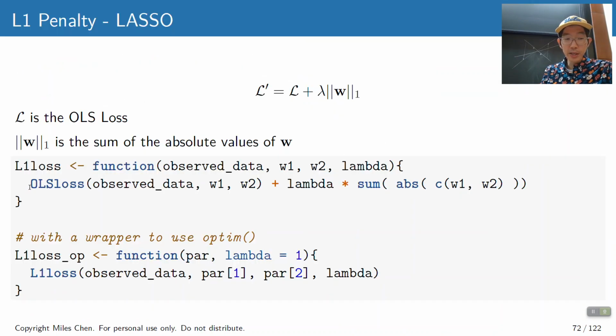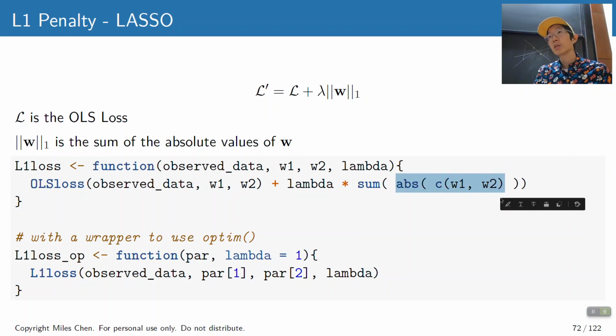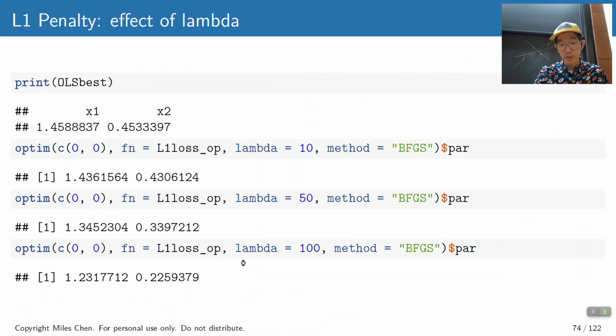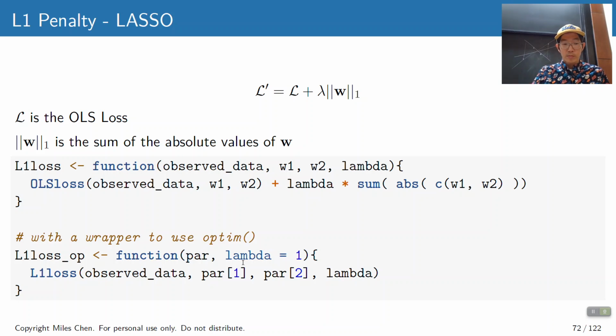We're going to take that, which is just this L, plus lambda times the L1 norm of W. So I'm going to take the absolute values of W1 and W2 and sum them up. Okay, so that's this. And we can take in different values of lambda. All right, and this is what we're going to do: we're going to try to minimize this using Optim. Okay.